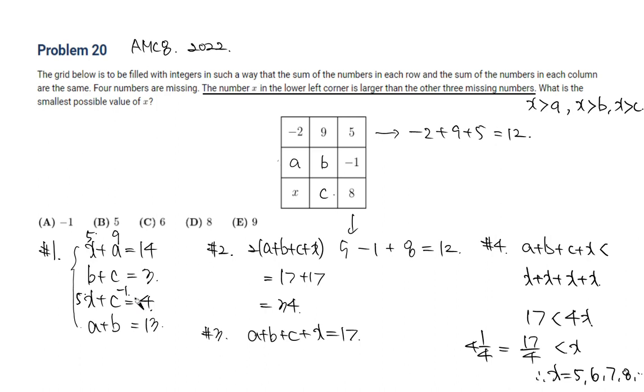So a equals 9, hence b equals 4. Does it work out? Yes, it does work. However, it goes against the given assumption, doesn't it? We got x that is not greater than a, it just doesn't work out that way.